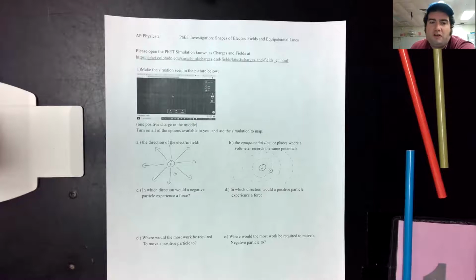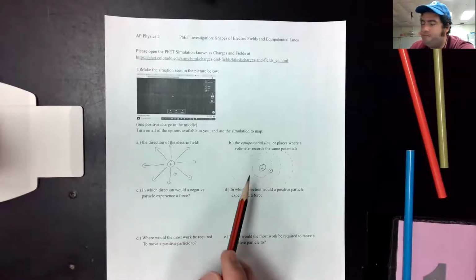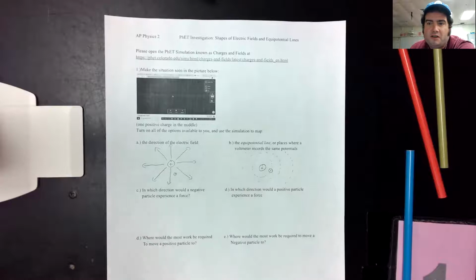So visualizing this in multiple dimensions, I think, can be a challenge. And I want to show you a technique that can be helpful for understanding the potential as you move away from a positive test charge.